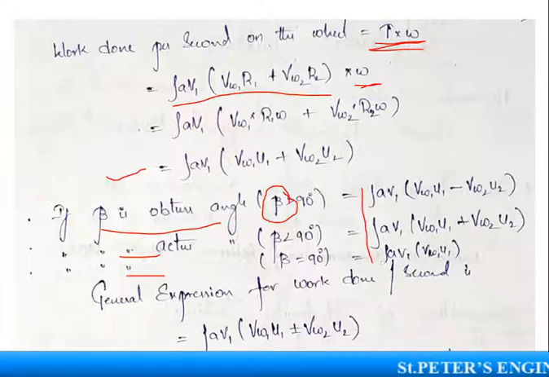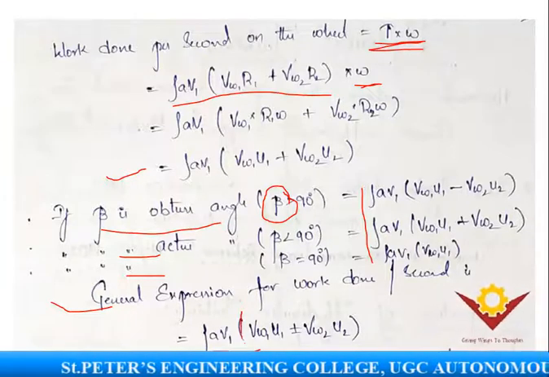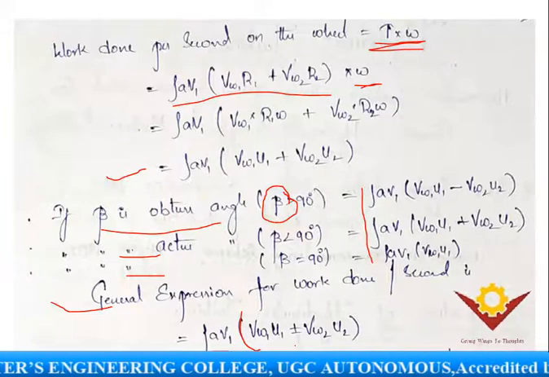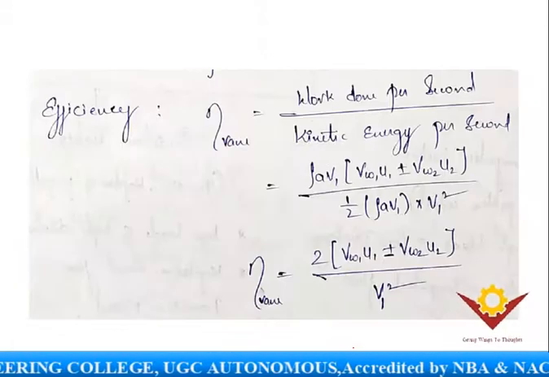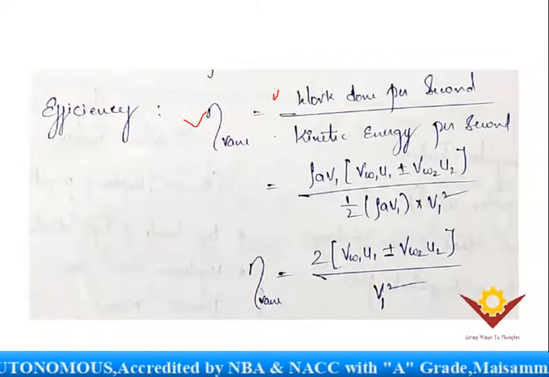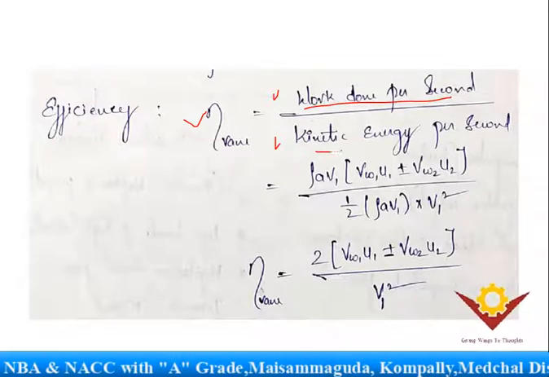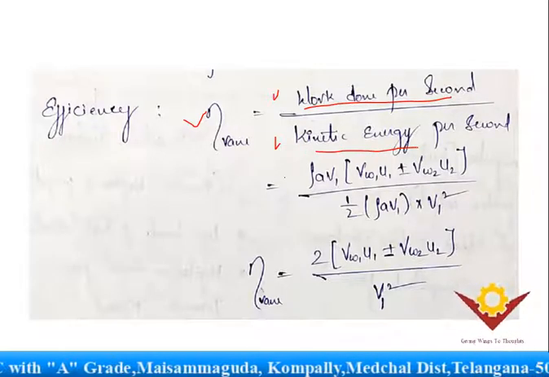And from these three cases, the general expression for work done per second is rho a v1 into wheel velocity u1 plus or minus wheel velocity u2. And this is the efficiency, which is outlet divided by inlet. The outlet is the work done per second, and the inlet is the kinetic energy per second.